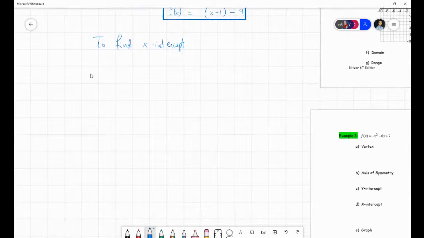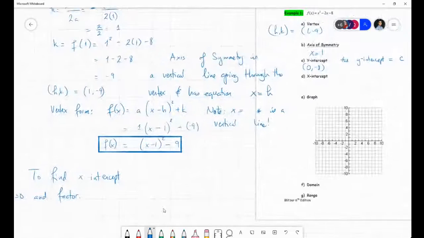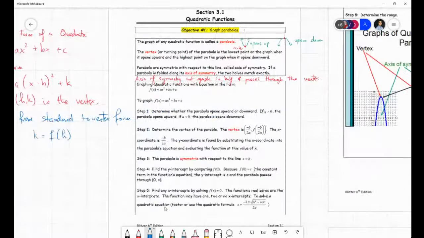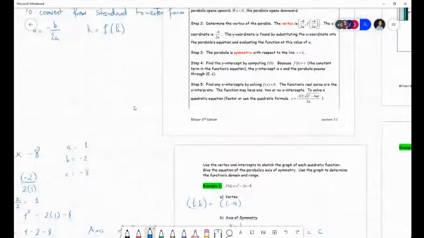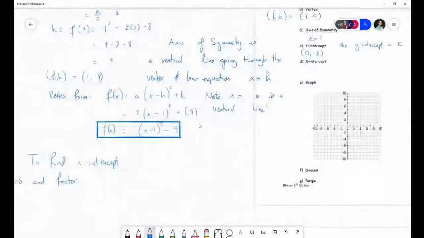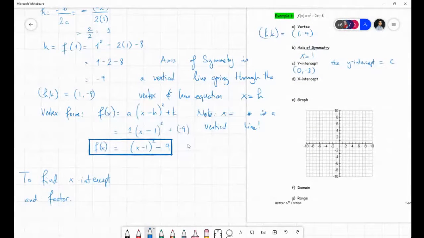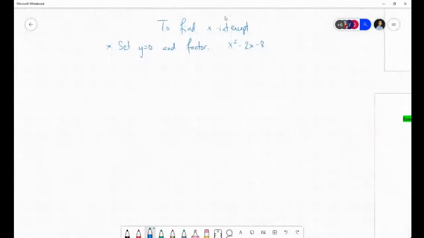To find the x-intercept, set y equal to 0 and factor. All right, so let's see how we factor this. We have x squared minus 2x minus 8. So this is a simple one because a is 1.